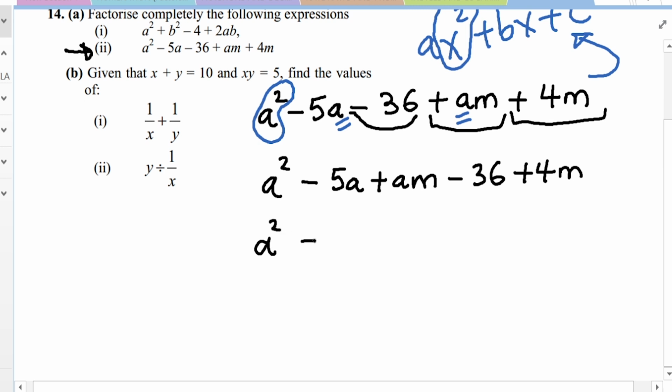Since we have a and a right there, let me put a outside the brackets here, into, let me put a plus here so that in the brackets we have minus 5, minus m, something like that. Then we have here minus 36 plus 4m.